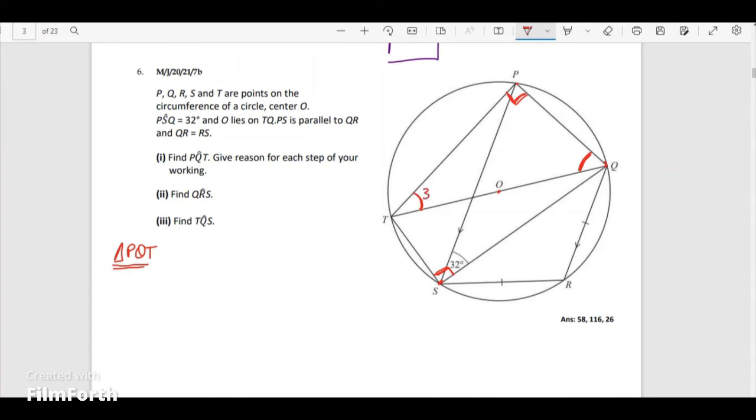So this angle would be 32 degrees as well. Let's write it down. Angle PTQ would be equal to 32 degrees. The reason is that it's the angle made by the same arc.